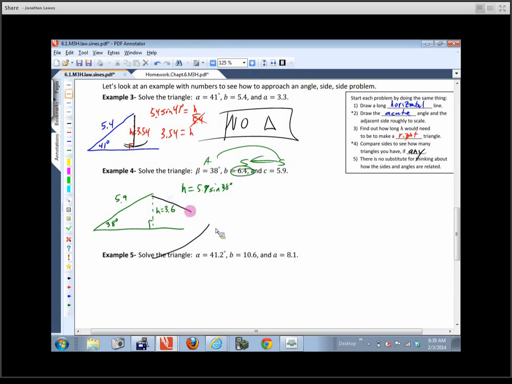And we're going to have a triangle that looks something like this. So I don't need to worry about the 3.6 anymore. I can write this side is 6.4. Now remember, this is beta, this is side B, this is side C, so that's going to be gamma, and this is going to be alpha, and this is going to be side A. Okay, now listen very carefully.